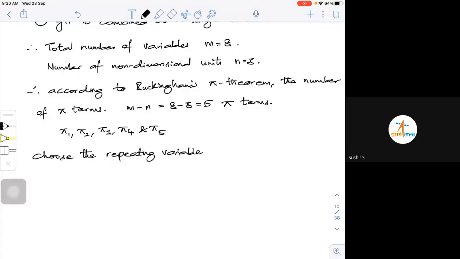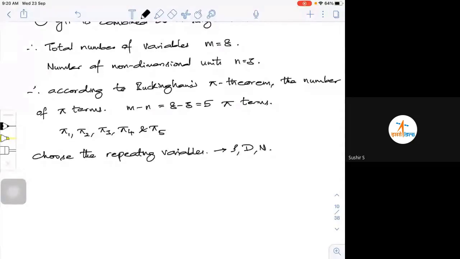How are the repeating variables chosen? They are chosen in such a way that there should be one dimensional property, one fluid property, that is a kinematic property, a kinetic property, and a geometric one. If you go by that, I can choose your density, diameter, and N. You need not go by rho, D, N, you can go with any other. I have just gone with rho, D, N as the repeating variables.